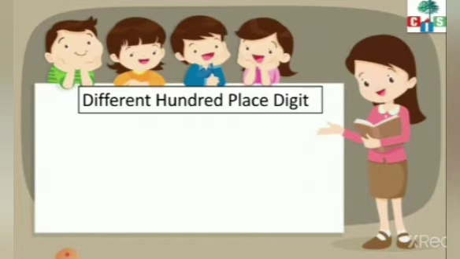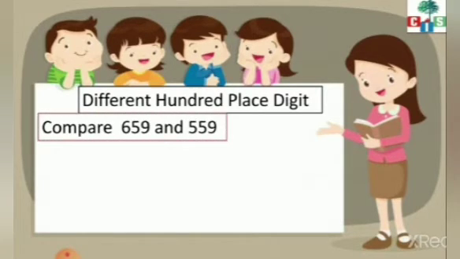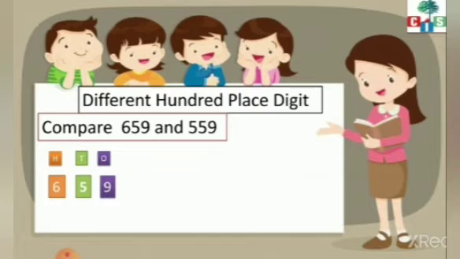Different hundreds place digit. Compare 659 and 559. I will write these numbers under the correct place value. So hundreds, tens, ones. So 6 will be under hundreds, 5 under tens column, and 9 under ones column. My next number is 559. Hundreds, tens, ones.